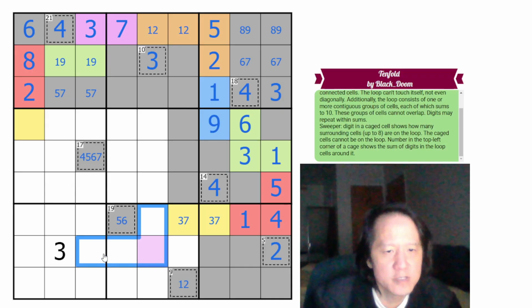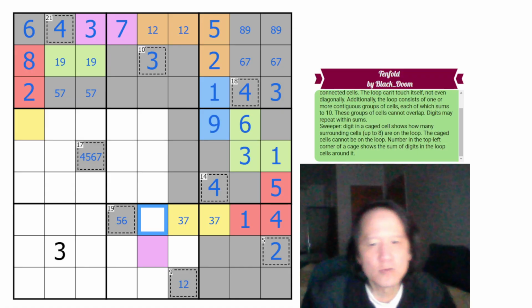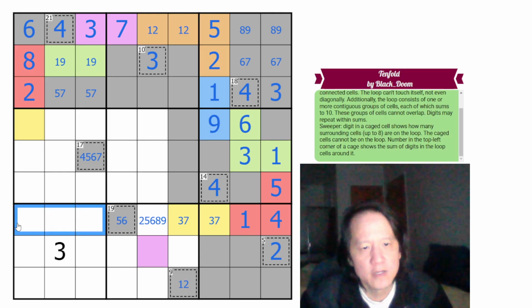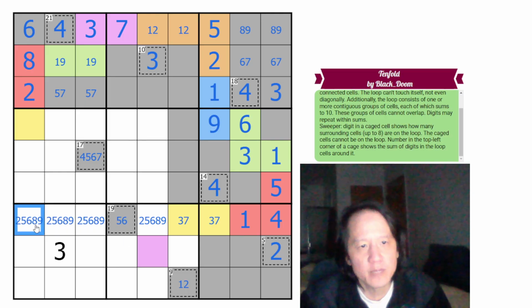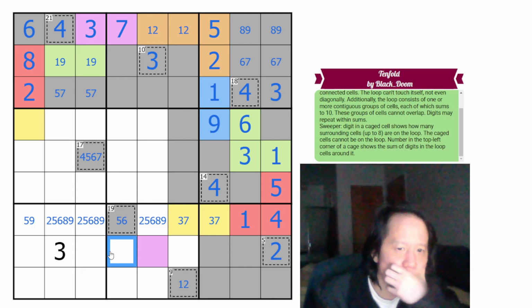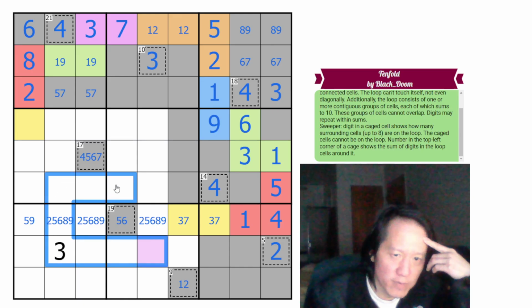It could be something like that, or it could be something like that. What's the rest of the row? It has to be 2, 5, 6, 8, or 9. And these are 2, 5, 6, 8, or 9, but this can't be 2, 6, or 8. So this is 5 or 9. It could be like 3 this way and then wrap back around 2 that way. That's also possible.